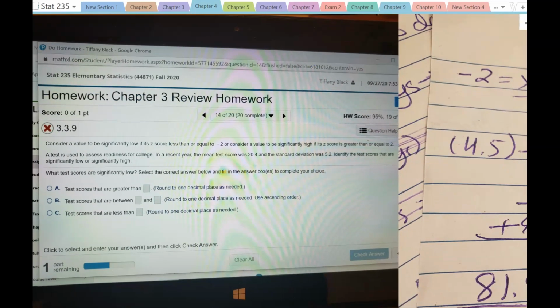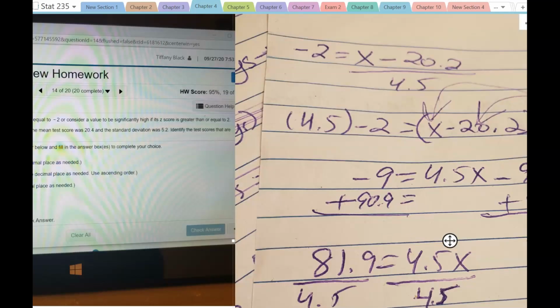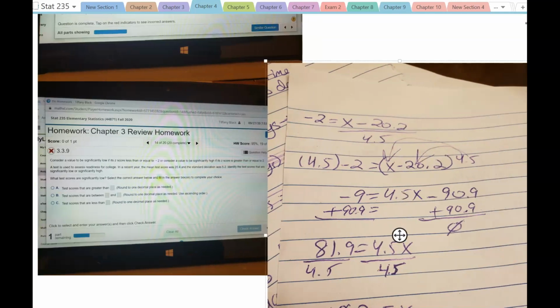Looking at the z-score for 3.3.9, it looks like maybe you did some calculations over here. It looks like you have it set up correctly, that the z-score equals x minus the mean over the standard deviation, using s or sigma, depending on if it's a sample or a population.